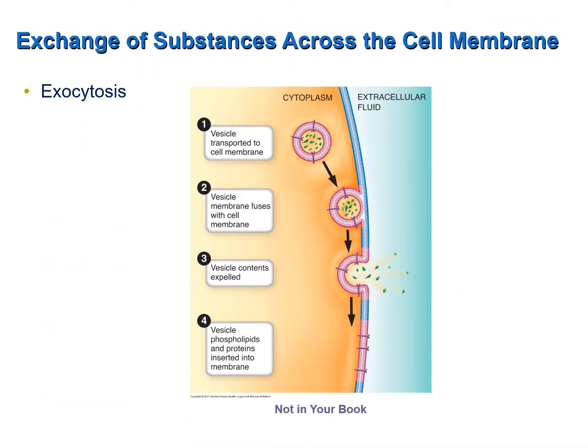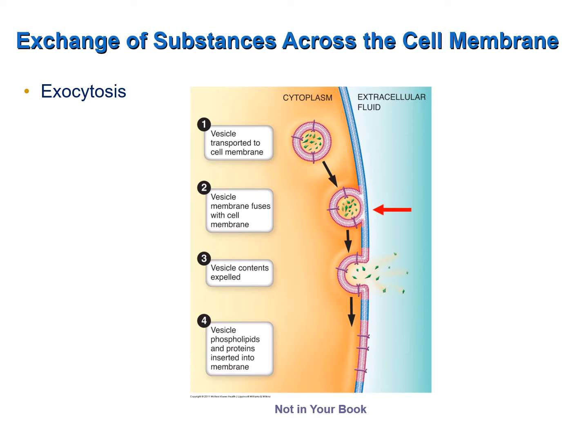This figure from your book illustrates the process of exocytosis. So here we have a membrane-bound vesicle with some substance inside of it. This vesicle was likely constructed by the Golgi apparatus. The vesicle then migrates to the plasma or cell membrane, where it merges or fuses with the cell membrane.